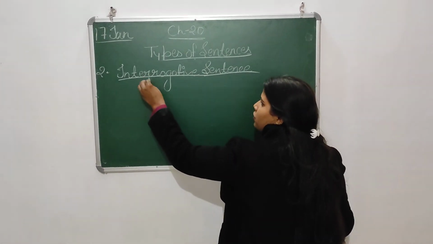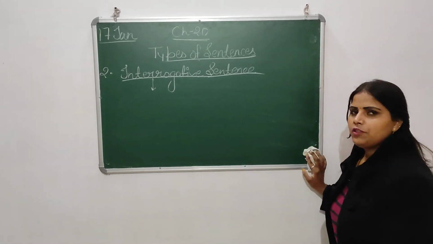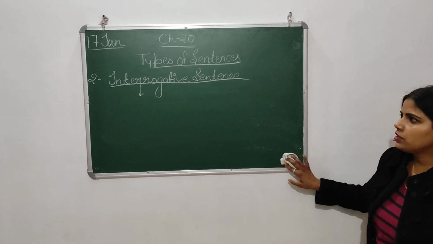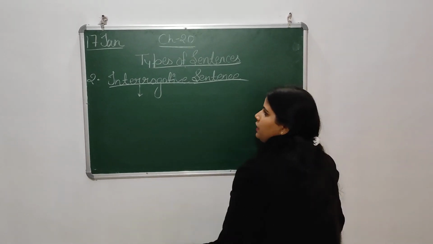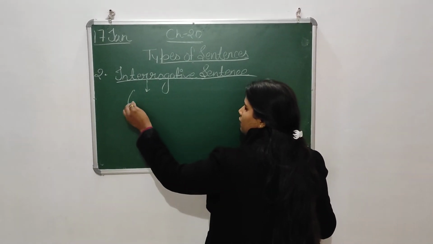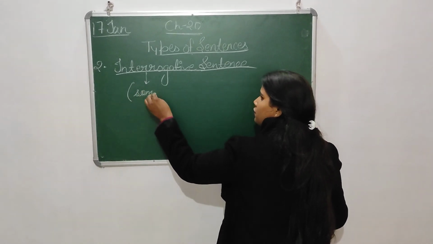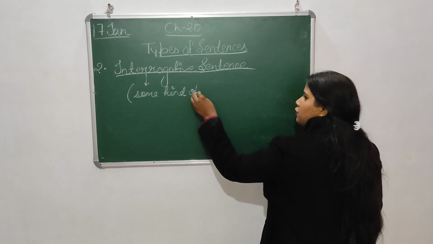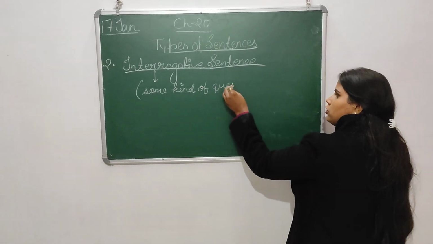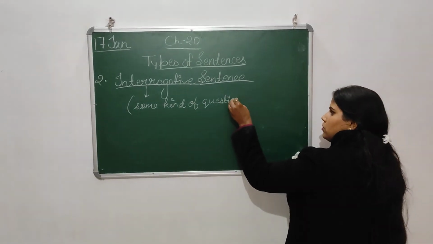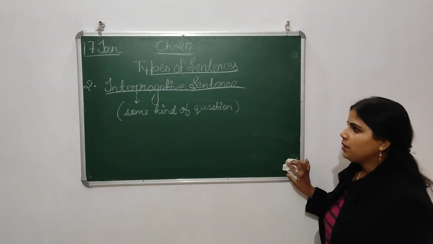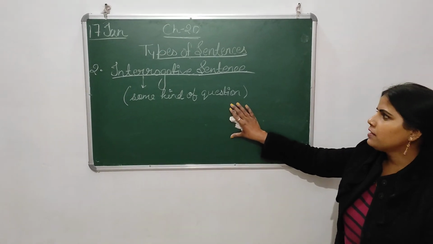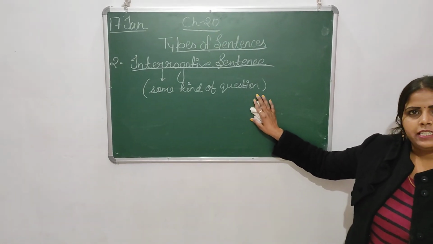It is a sentence which contains a question mark. The easiest way to find out this sentence is that it has some kind of question. So the statement or sentence which contains some kind of question is known as an interrogative sentence.